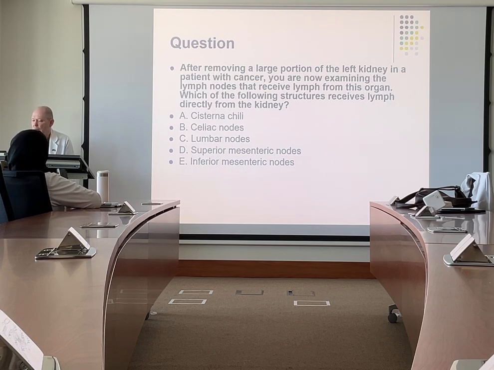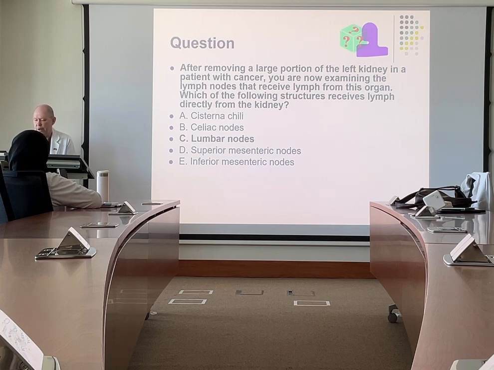After removing a large portion of the left kidney in a patient with cancer, you are now examining the lymph nodes that receive the lymph from this organ. Which of the following structures receive the lymph directly from the kidney? That's correct.